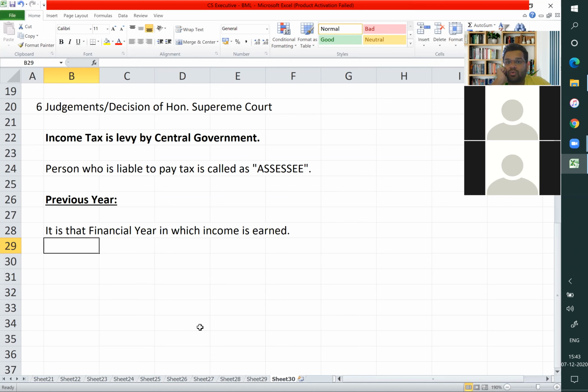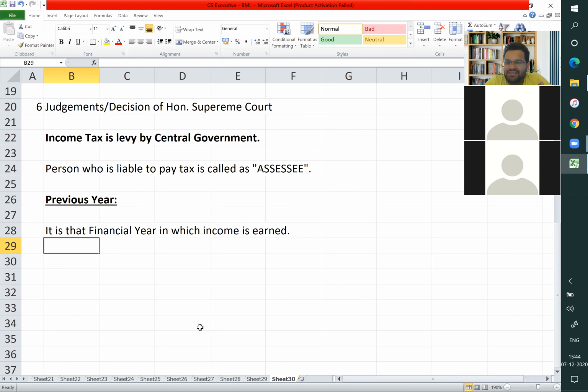If today you win a lottery of rupees 1 lakh, then that lottery would be said to be won in which financial year? 2021 means which previous year?